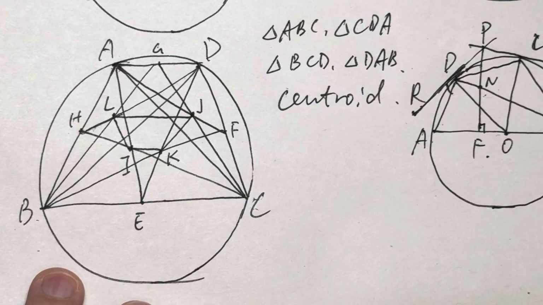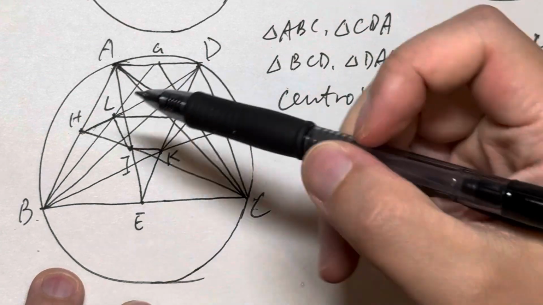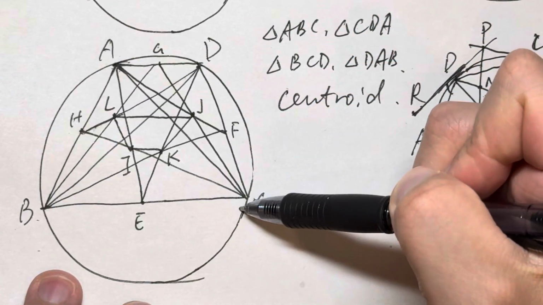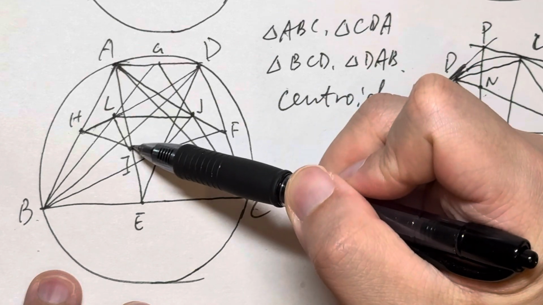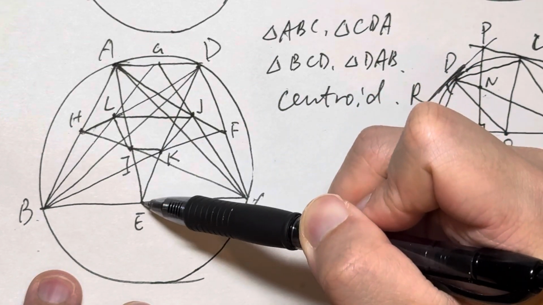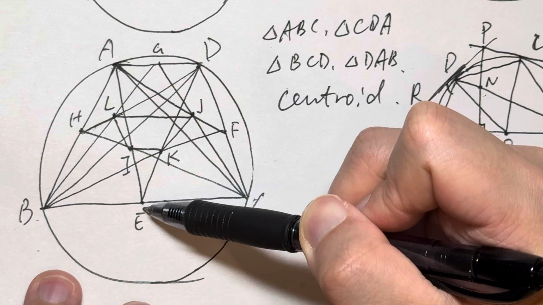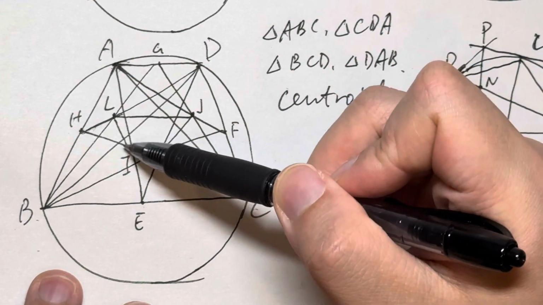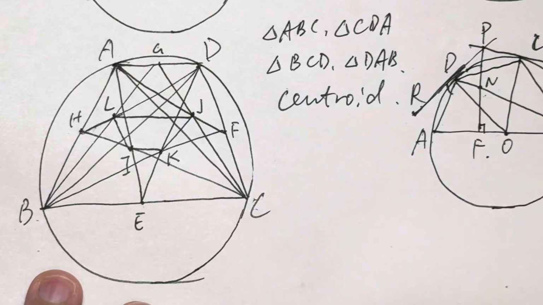But if you look at this problem carefully, you can see that we're looking at the centroids. And we know that centroids have a very specific property: because I is the centroid of triangle ABC, AI to IE equals 2 to 1. And CI to IH equals 2 to 1.